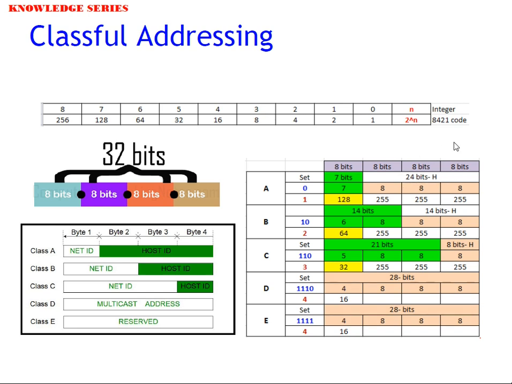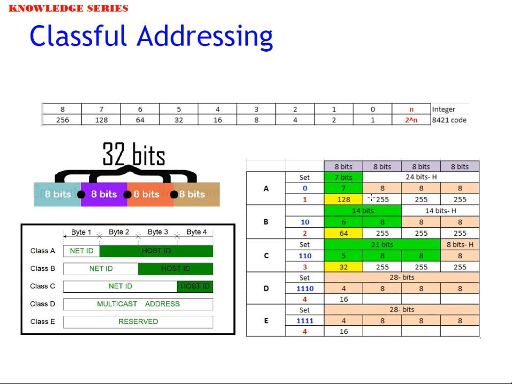That is 2 to the power of 24 minus 2, which comes to 16,777,214. That is how such a big host address space is available in class A, whereas it has limited network addresses.